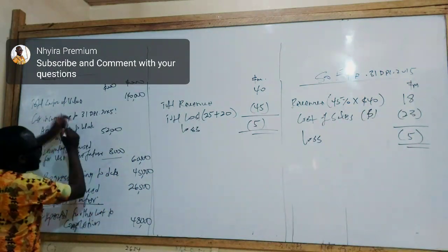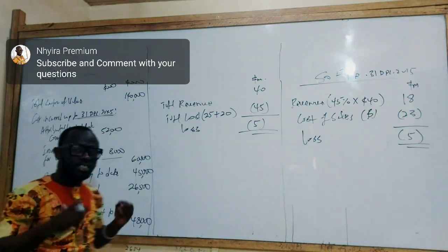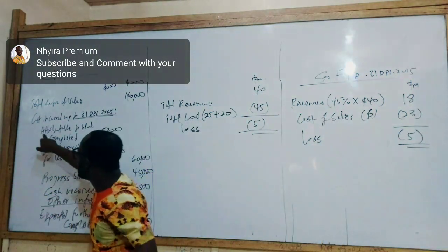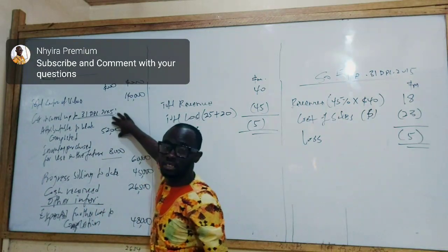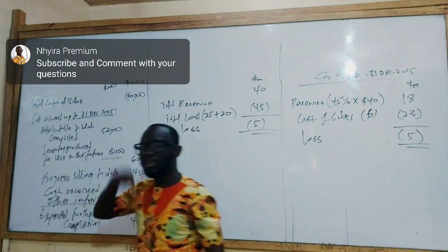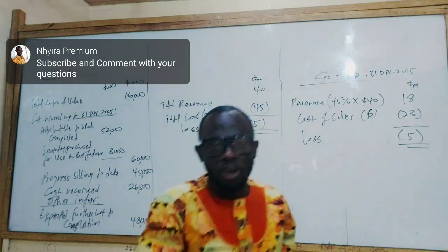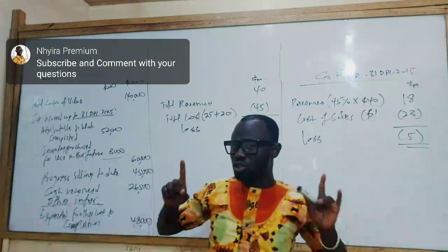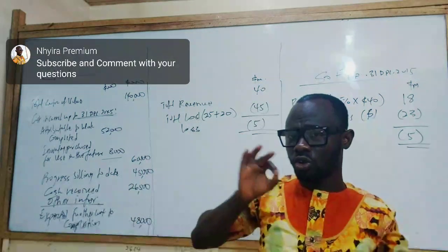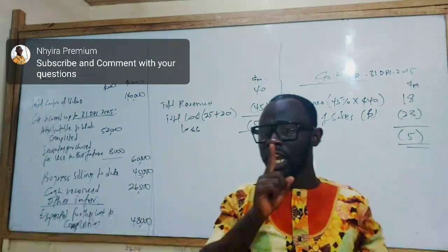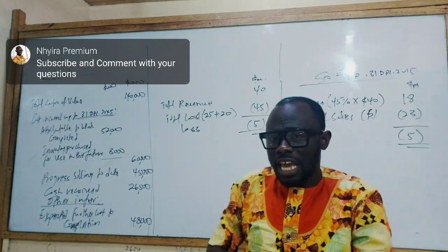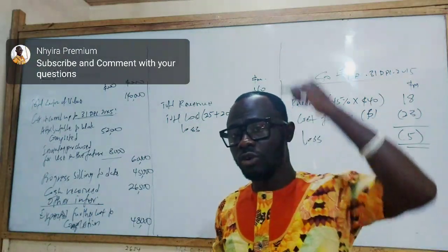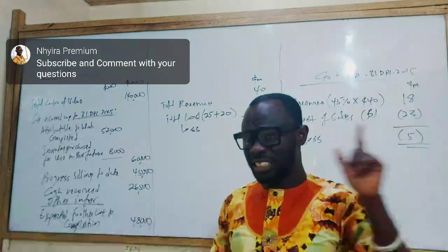For the cost that they have incurred up to 31st December 2015, attributable to work completed, is 52,000. Then inventories that they have bought for use in the future is 8,000. Remember I told you that when you are calculating the cost to completion, it includes both the cost that you have incurred to date and then the cost of inventories that you have bought for use in what? The future. Remember that statement I made?